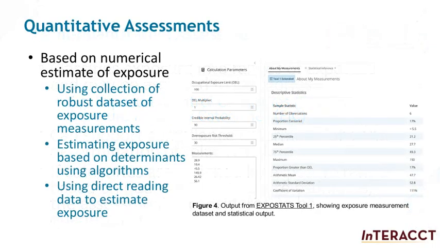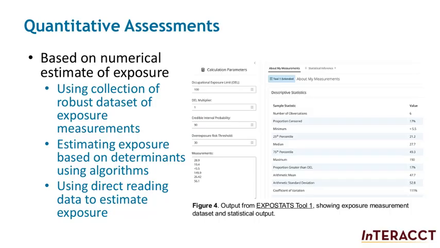A quantitative exposure assessment outcome is the assignment of a numerical estimate of exposure. There are a number of approaches to obtain a quantitative exposure estimate, including the collection of a data set of sufficient number of exposure measurements that are representative of the actual exposure distribution encountered by workers and analyzed using robust statistical methods.